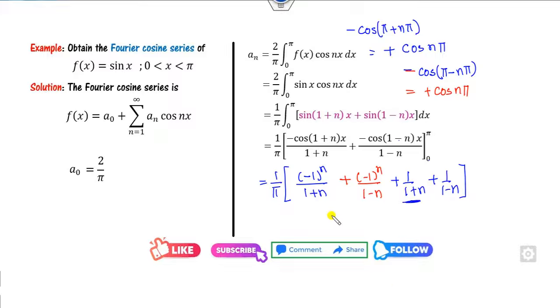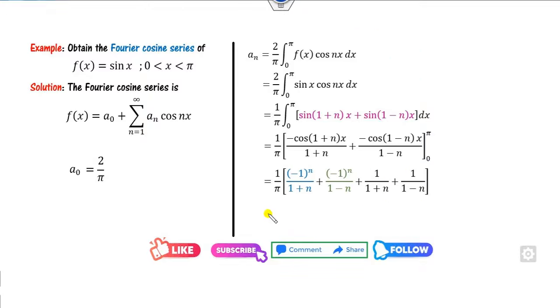Then I can take the LCM of the 1 plus n and 1 minus n. So you can see this term over 1 plus n and this term over 1 minus n. I can take this numerator as common, take the LCM, and you will get an as this one. Now your target is to find the a1 also.